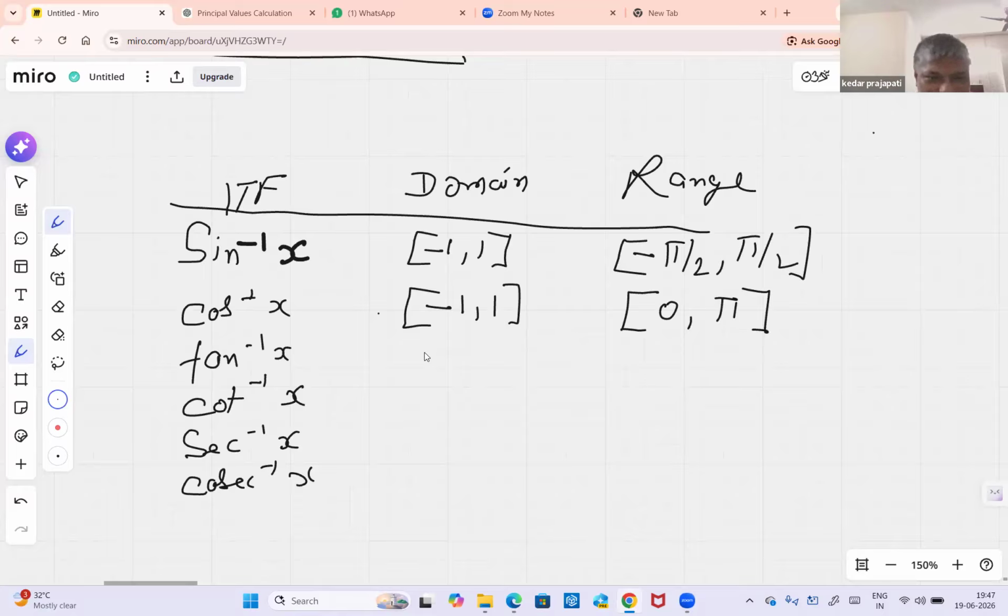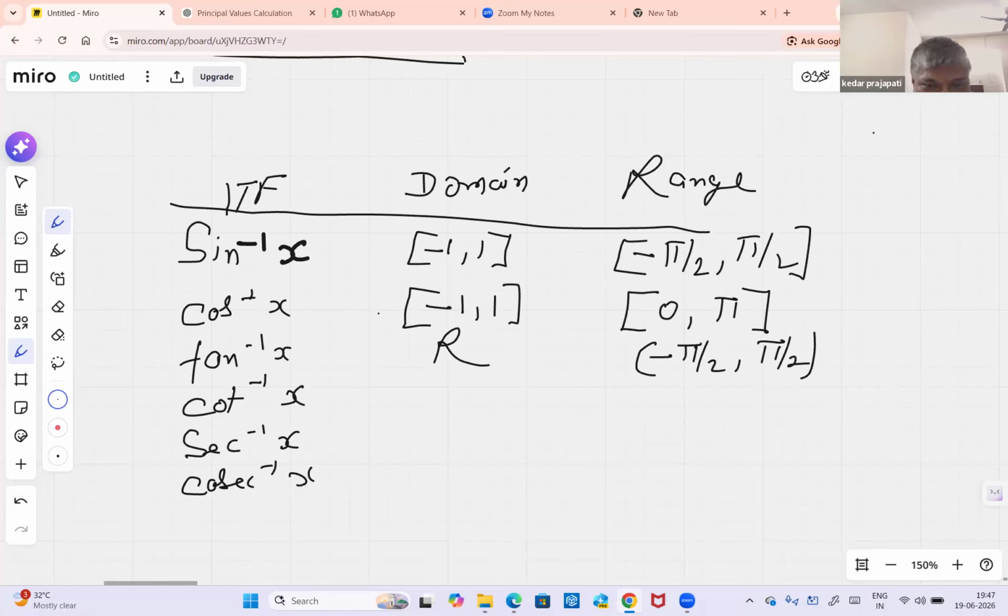Tan inverse x is defined for all real numbers, right? And the range is -π/2 to π/2, but this time it is an open bracket.